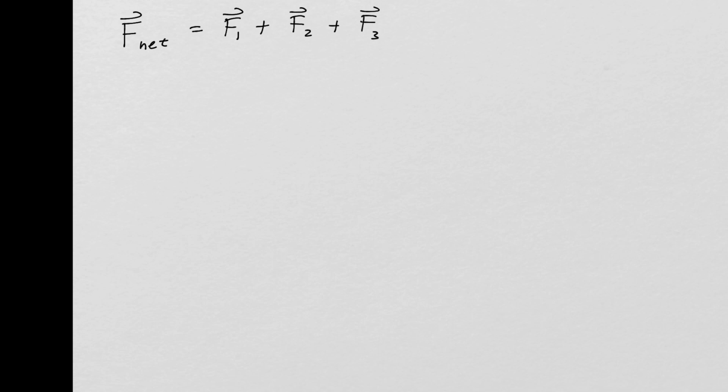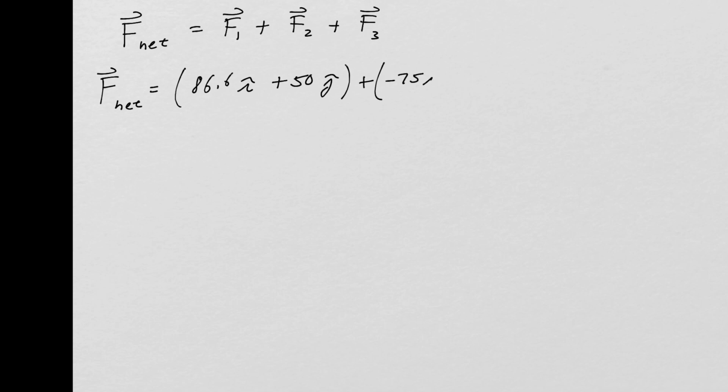In this case, F1 was 86.6 i hat plus 50 j hat. F2 was negative 75 i hat plus 129.9 j hat, and F3 was 0 i hat minus 50 j hat.